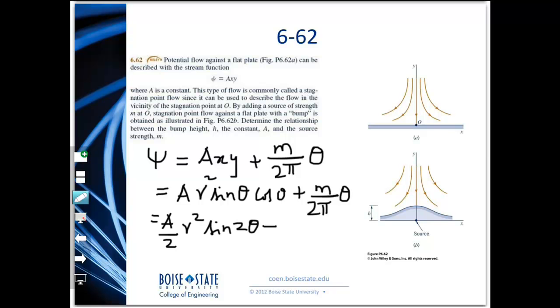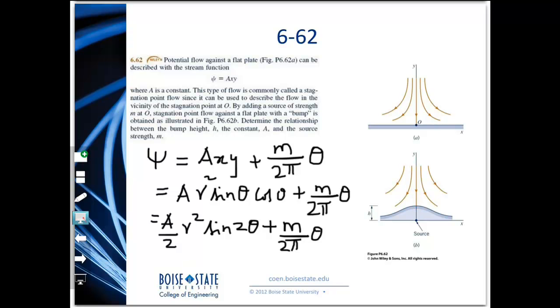This helps us do the differentiation easily if we have one function like sine here. So we have a stream function description for the flow. Now if you consider the bump, the stagnation point will occur at this point, at y equals h, and at this point, since this is the y-axis, your x value will be 0.